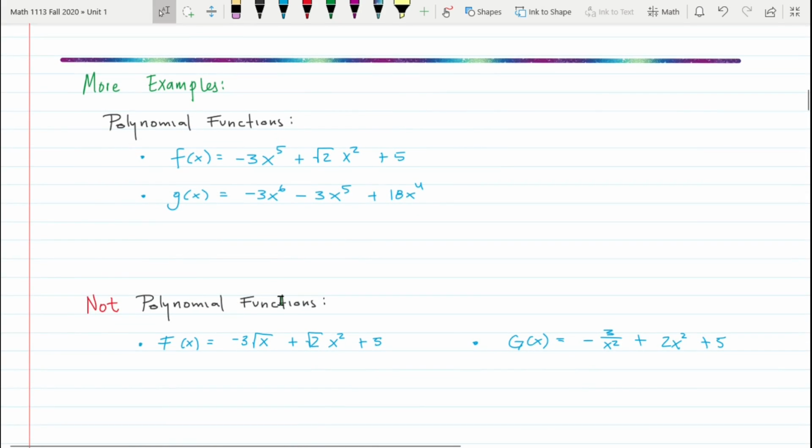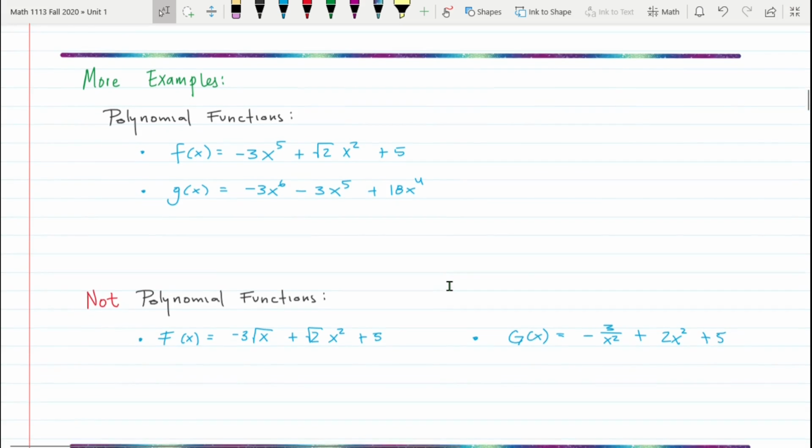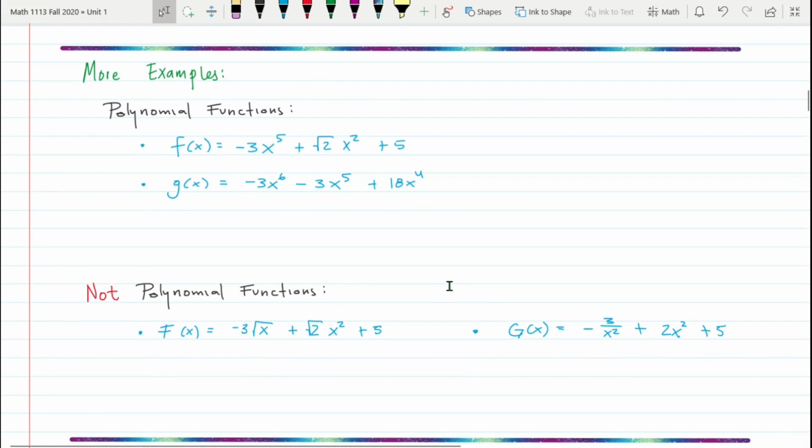So here is a real example, I guess, using integers. On the top, we have polynomial functions. First, we have f of x, and f of x is -3 x to the 5th power plus the square root of 2 times x to the 2nd power plus 5. So we're looking at the exponents, 5, 2.